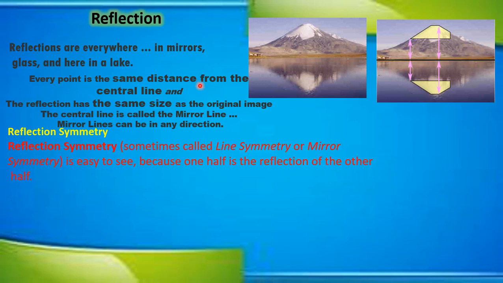That means on the upside of this mirror line, the figure as given looks the same in the lake also. This image in the lake is called the reflection of the image, which is the same as the original image.